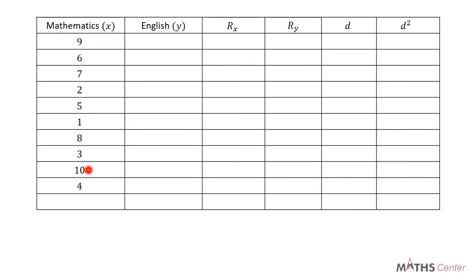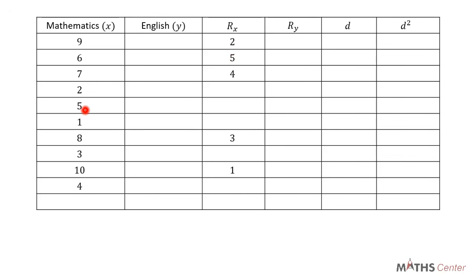When we go through the X values, we can see that the highest one is 10. So that will have a rank of 1. The next one is 9. That will have a rank of 2. The next one is 8. That will have a rank of 3. The next one is 7. That will have a rank of 4. The next one is 6. That will have a rank of 5.